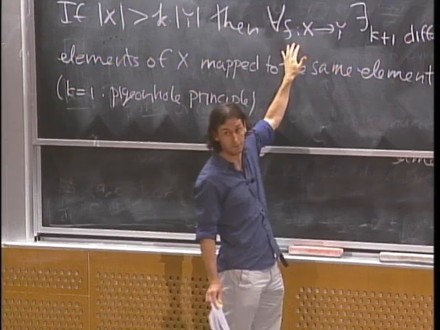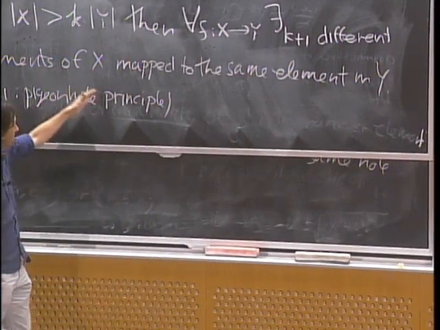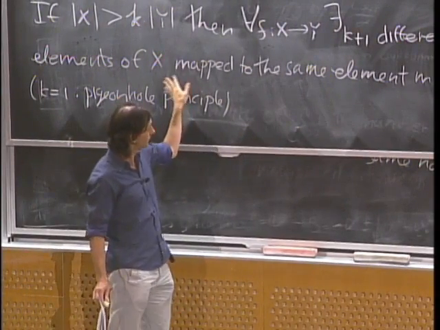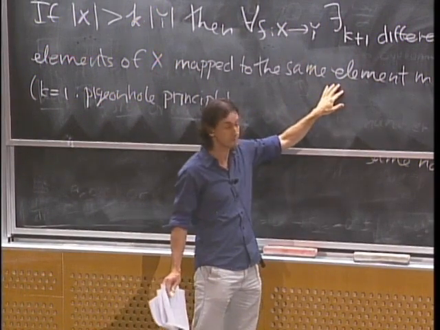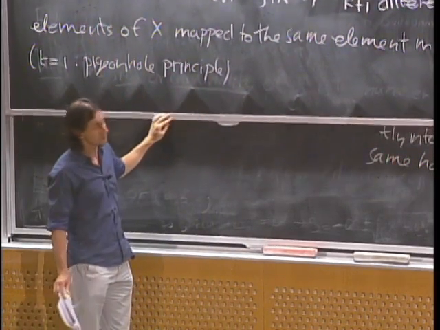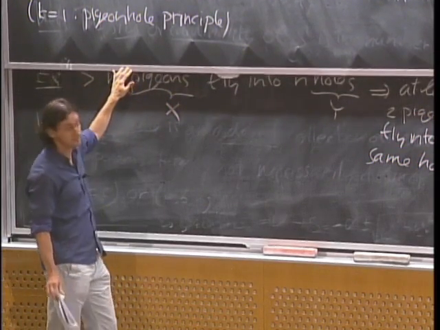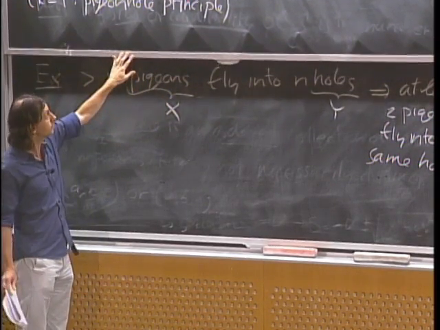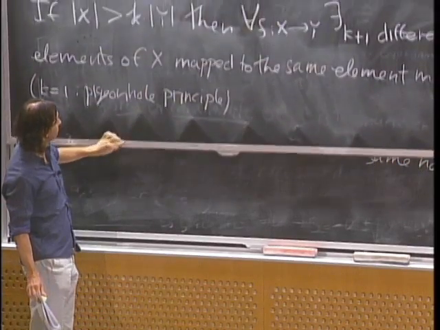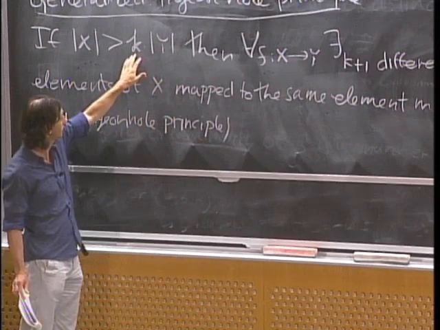So suppose there's a mapping F such that for all k plus 1 different elements of X, they are not mapped to the same element in Y. Well, what I really know then is that every element in Y is mapped to, at most, by k distinct elements of X. So that means that the total number of elements of X must be at most k times Y.